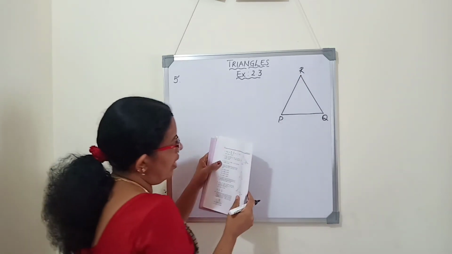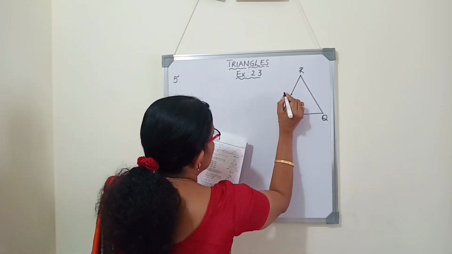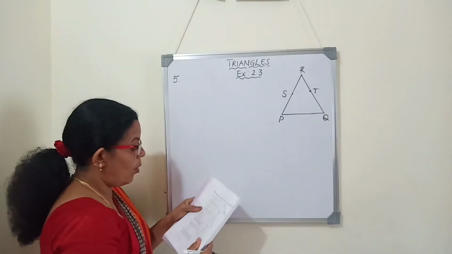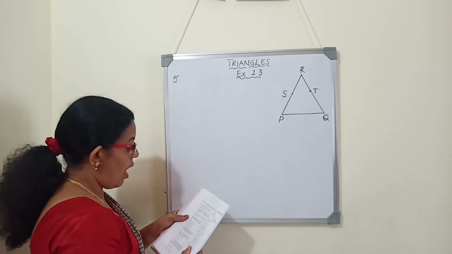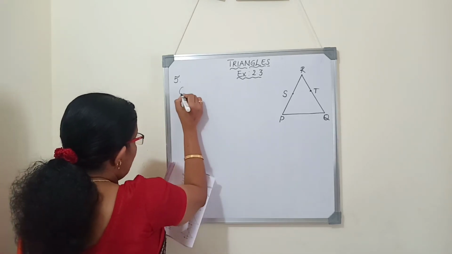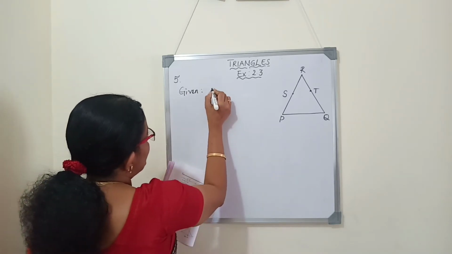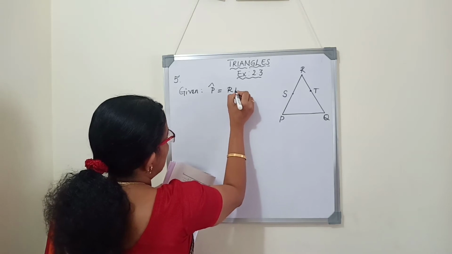So you have to draw like this, PQ here. S and T are the points on the sides PR and QR. S and T are the points such that angle P is equal to angle RTS. So given angle P is equal to angle RTS.